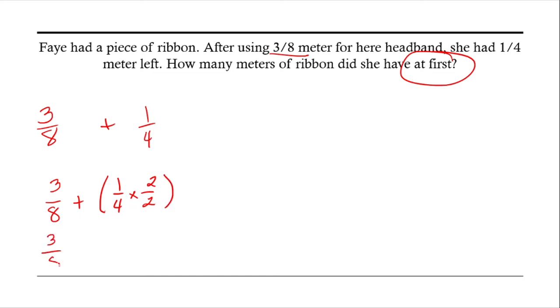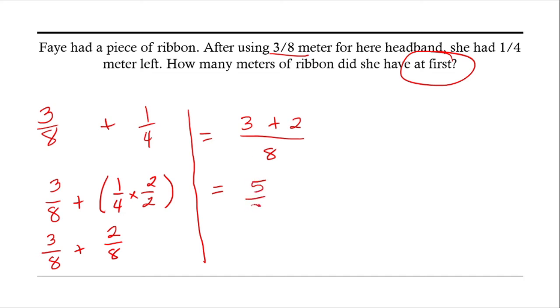So 3/8 plus 1 times 2 is 2/8. Para malinaw, 3 plus 2 all over 8. 3 plus 2 is 5 over 8 meter at first.